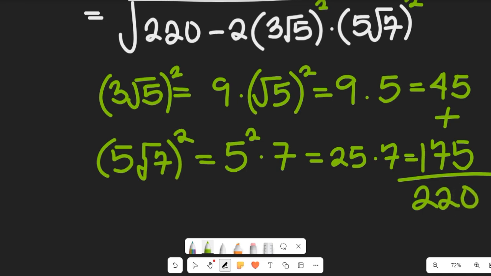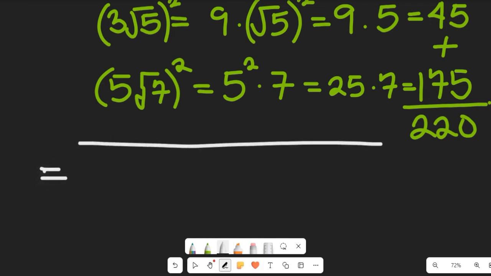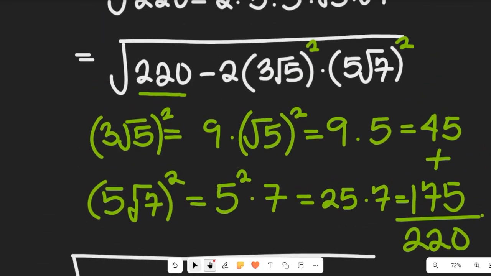So what does that tell us? That 175 plus 45 can replace 220. Now, if we bring that into that expression, it will now give us the total square root of 175 plus 45, which is 220, right?